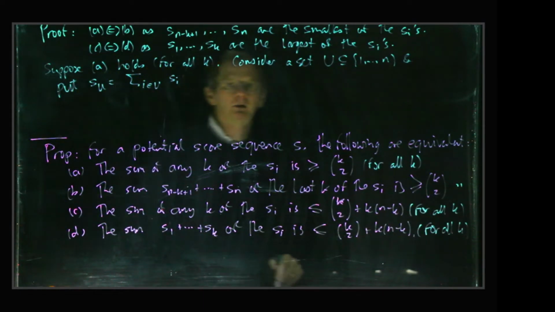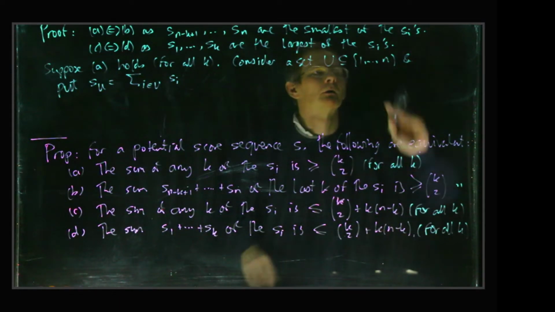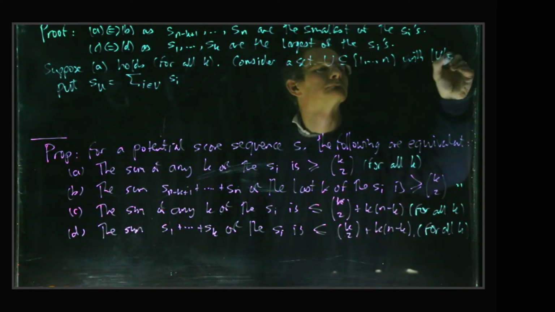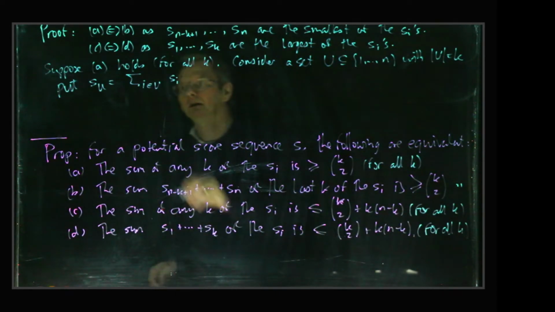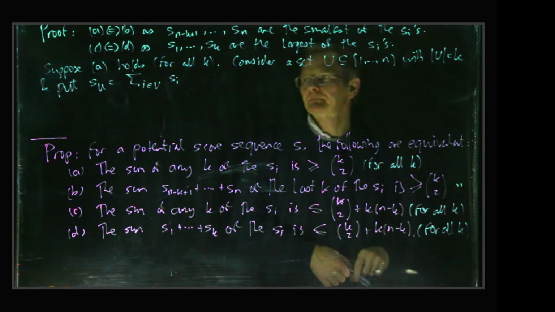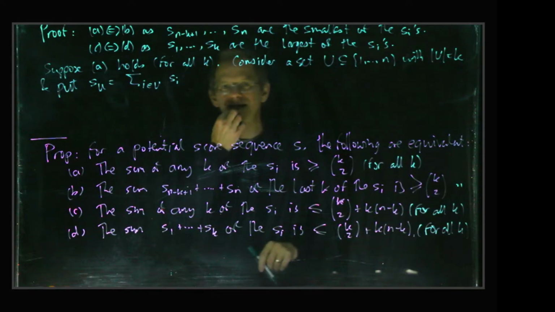So we've got some set U of indices, and we look at the sum of those corresponding SIs.